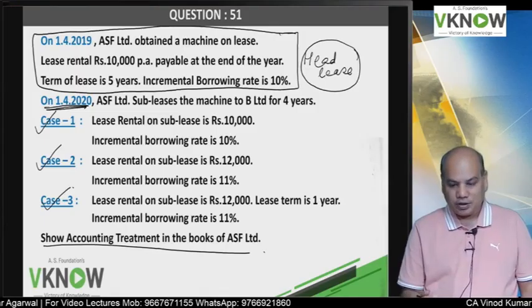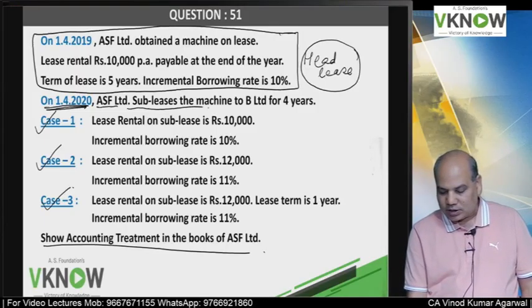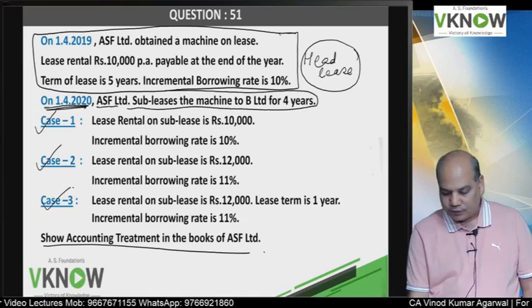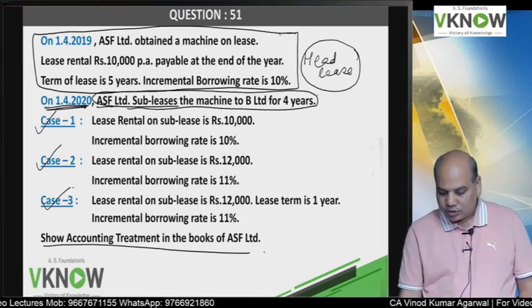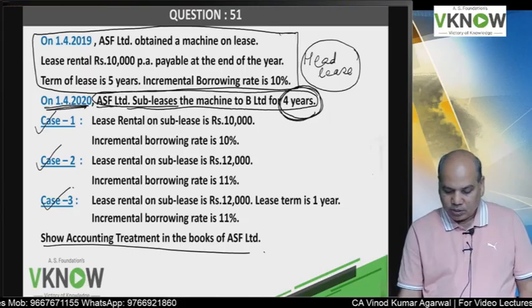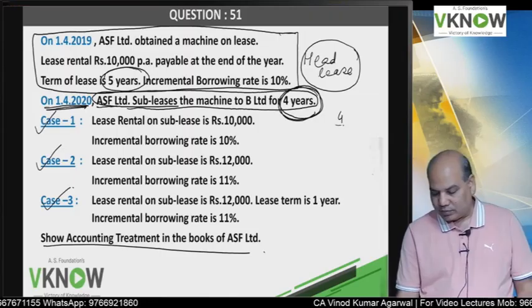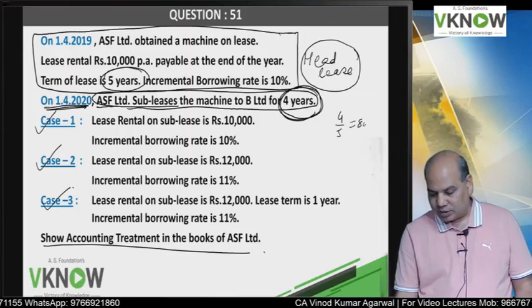On 1/4/2020, after 1 year, ASF Limited subleases the machine to B Limited for 4 years. Sublease is 4 years, main lease is 5 years. 4 by 5, 80%.